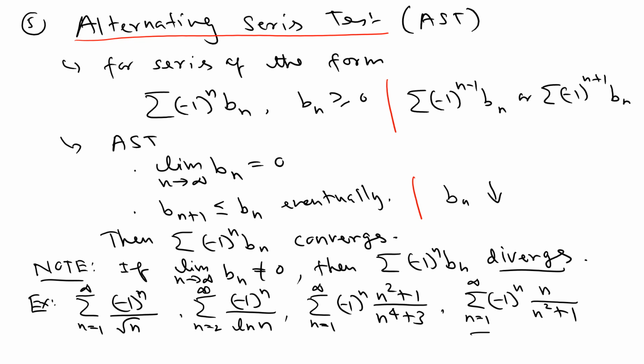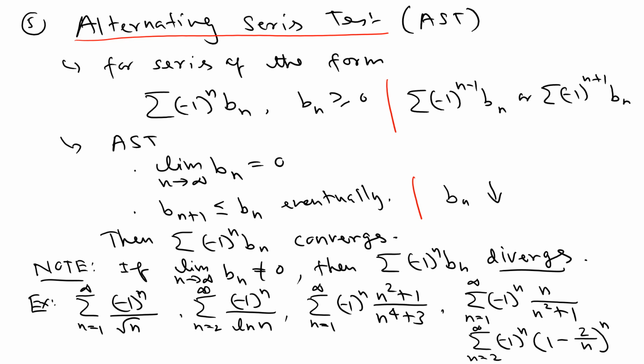Why don't you try this one also? n going from 1 to infinity, any starting number doesn't really matter, (-1)^n times (1 minus 2 over n) to the nth power. Something like that. That's a very special problem. So these are some candidates for the alternating series tests.